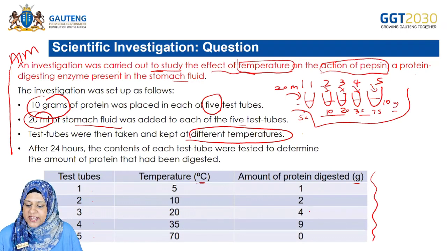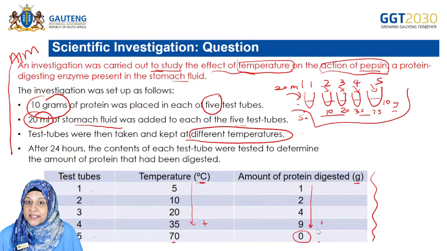So there's a steady increase in temperature, and an increase in the amount of protein that is being digested. But come 70 degrees, there is 0. Okay? So remember that pepsin is an enzyme. And at 70 degrees, the fact that 0 protein was digested tells us something, okay?